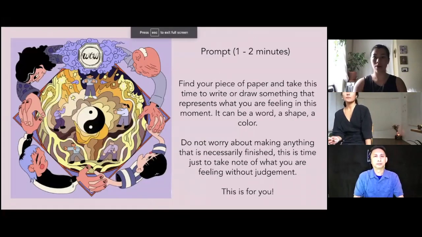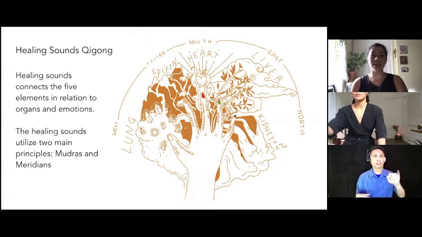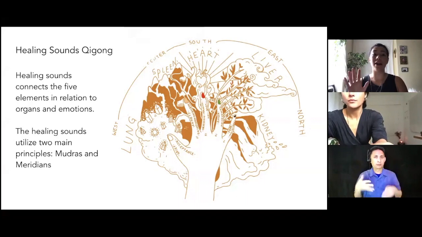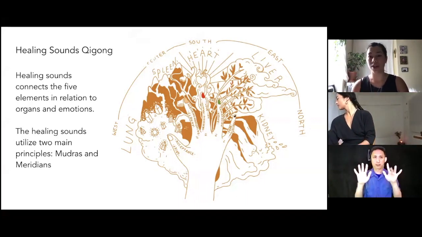All right, so now we are going to move on to learn a little bit about a Qigong practice called the healing sound. So I will share some images about this. Healing sounds Qigong really focuses on the connection between the 5 elements and fingers in relation to organs and emotions.